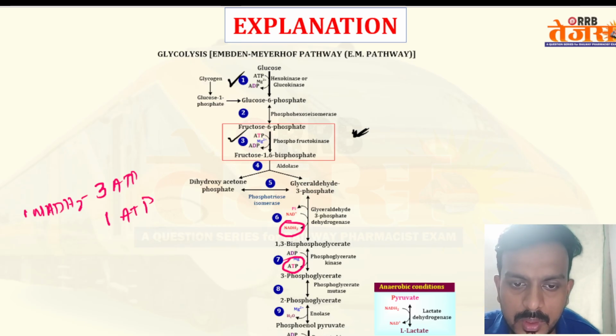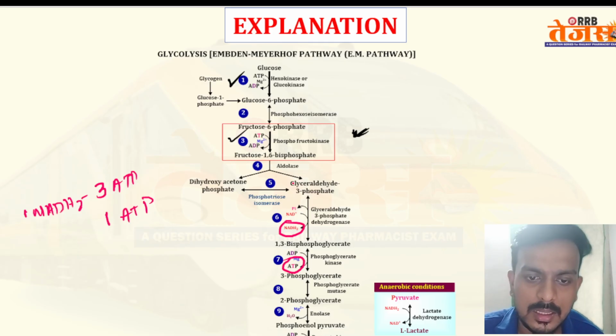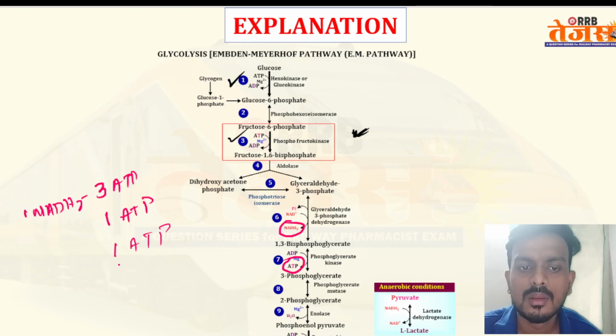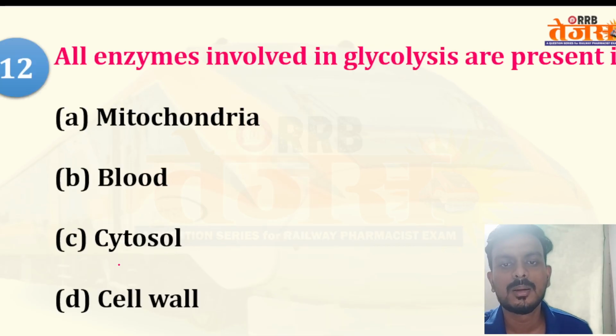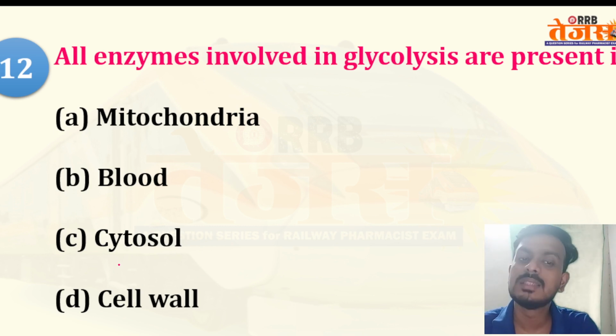Another ATP is produced here, one ATP. So this is the overall overview of the glycolysis steps. This question is very important from the exam point of view.